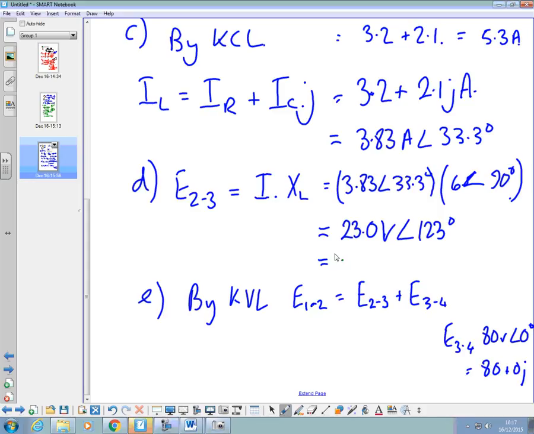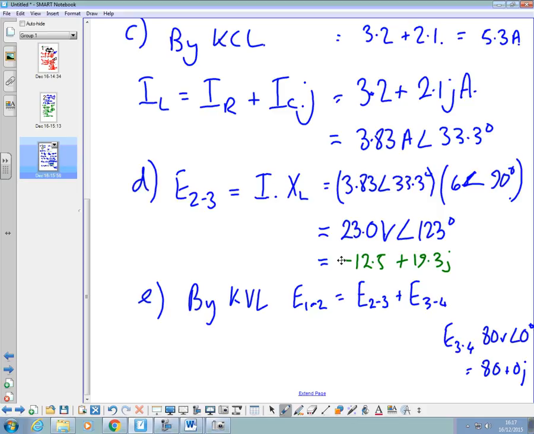Yeah, you get minus 12.5 plus 19.3 J. Yeah, I'll go with that. Okay, so now we can carry on with this arithmetic. What I tend to do with questions now is that if I end up with a polar answer, I just calculate the rectangular answer and write it beside as well, knowing I may well need it later.